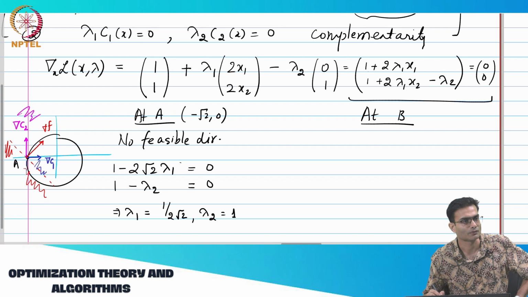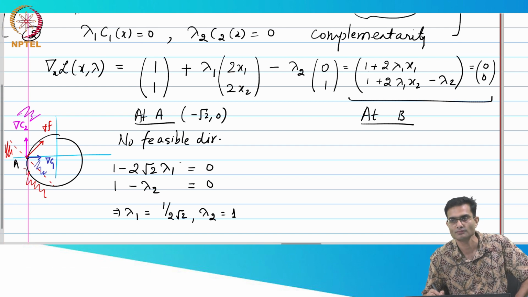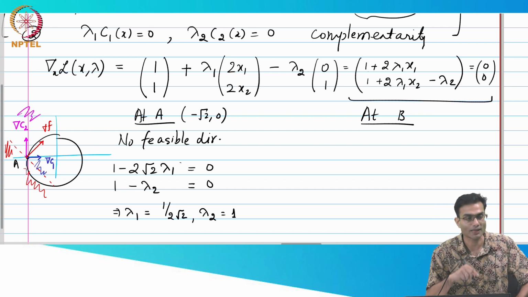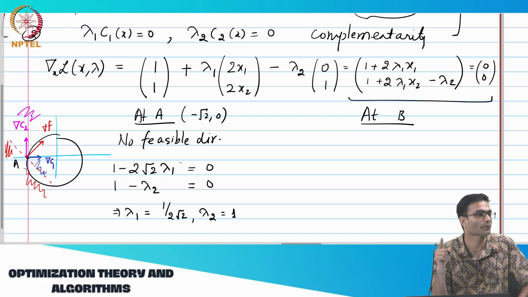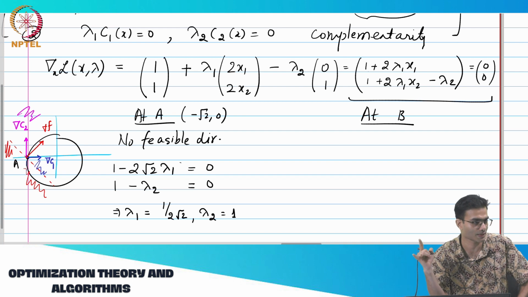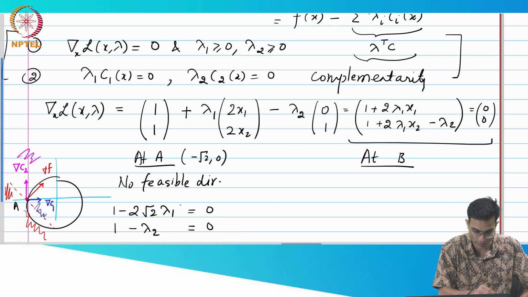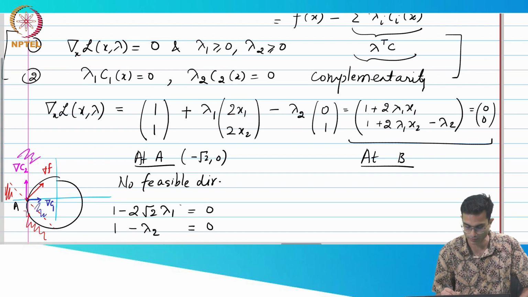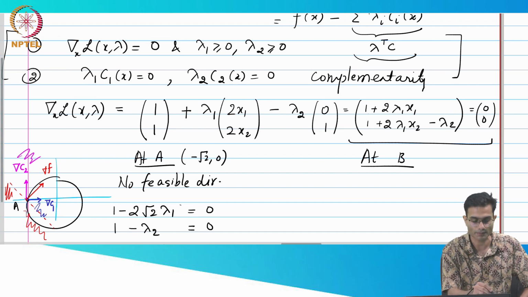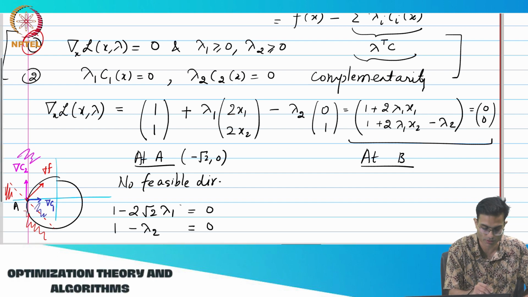Okay, that seems okay. Why? Because the Lagrange multiplier should be positive since it's an inequality. So that seems to be satisfying my statement 1, right? If I choose these values of lambda 1 and lambda 2, statement 1 was this guy over here.